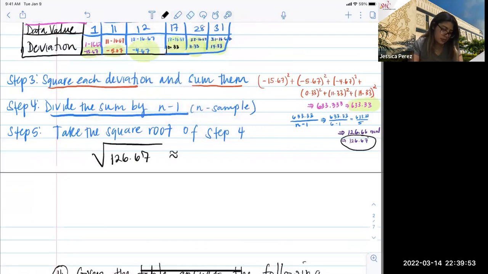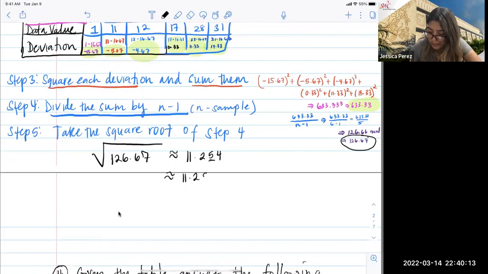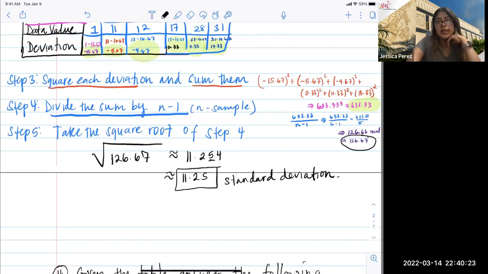So the square root of this number, 126.67, is going to give me roughly 11.254, rounded to the nearest hundredth. So it's 11.25. This is your standard deviation, finally. So you have to do all these steps before you get to the standard deviation part. Okay, so that is your final answer.